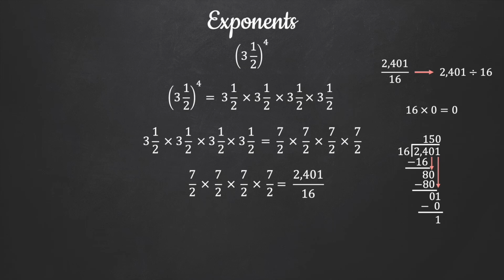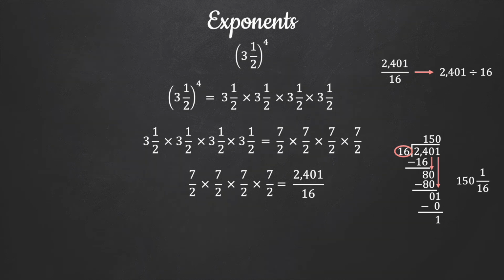Now, 16 goes into 2,401 150 times. So that would be our whole number for our mixed number. And then we have a remainder of 1. So that would be our numerator because we have one part left over. And then we're dividing by 16, and it takes 16 parts out of 16 to make a whole.